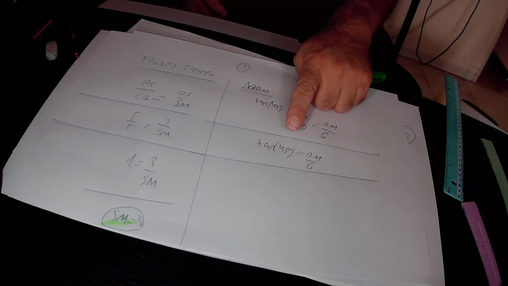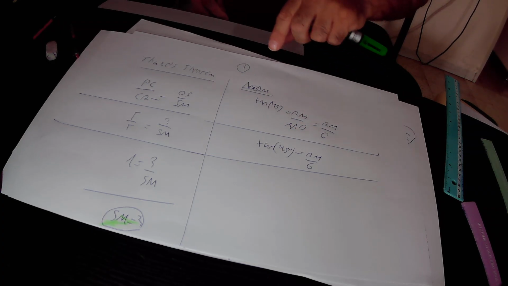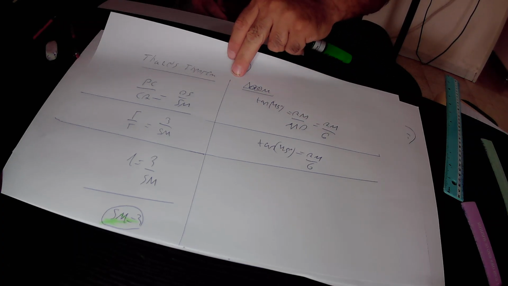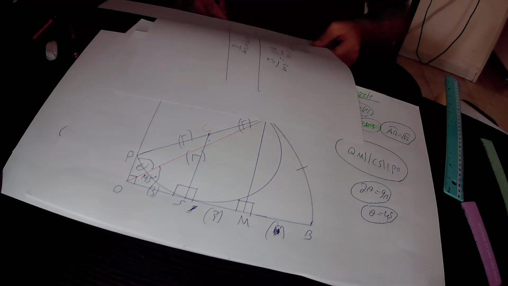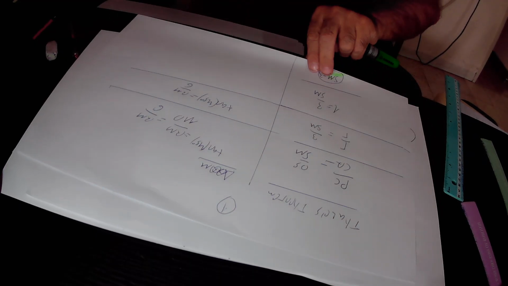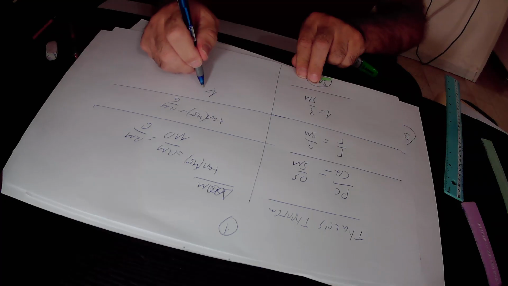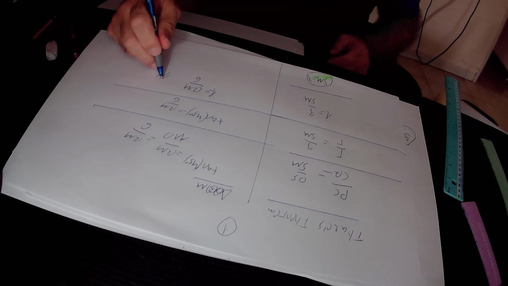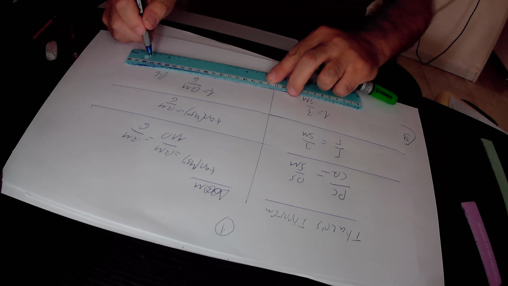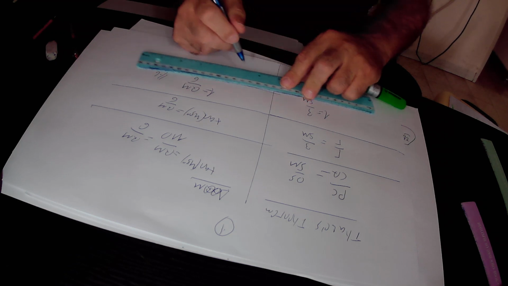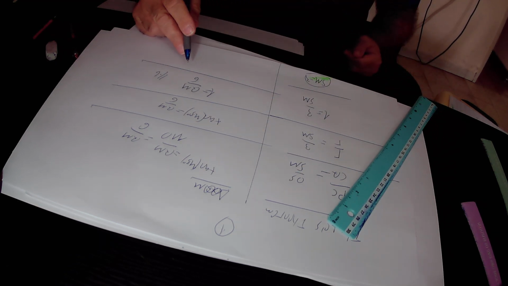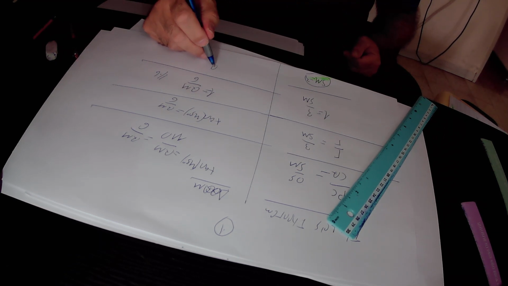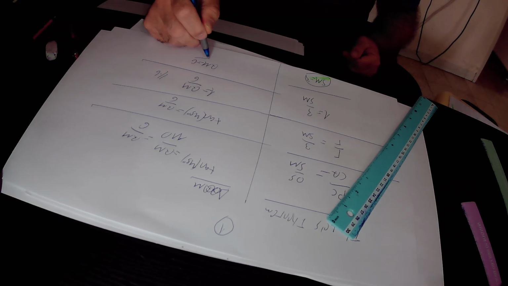Tangent 45 degrees is of course 1, so substitute tangent 45 degrees by 1. So 1 equals QM over 6. Here we'll multiply this equation by 6, and we get that QM equals 6 units in its length.